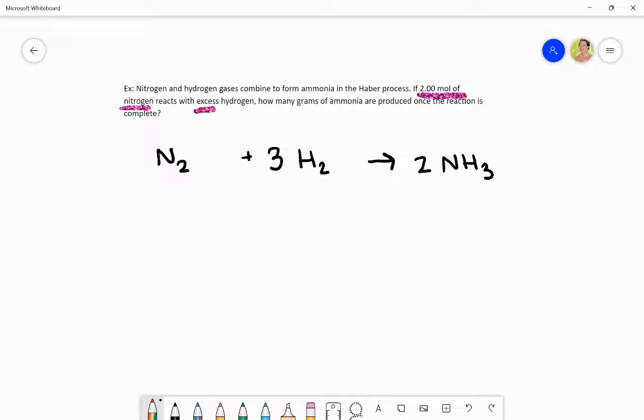So anything that goes with an element, you want to put near that element. So I'm going to write that hydrogen is my excess reactant. More on that in a second. And that nitrogen has 2.00 moles.